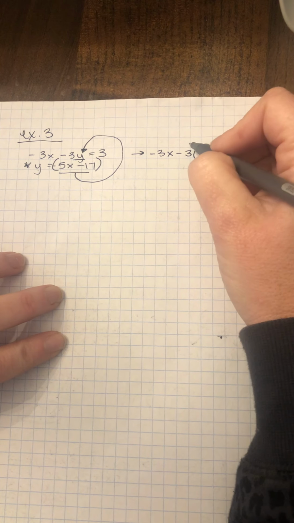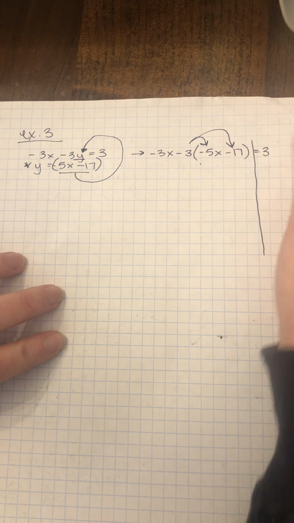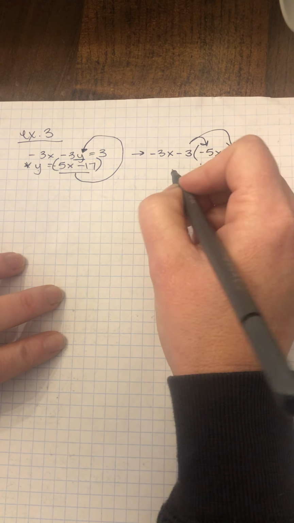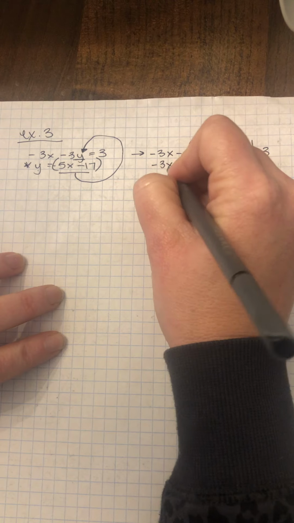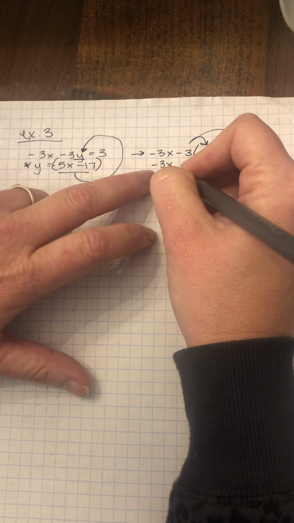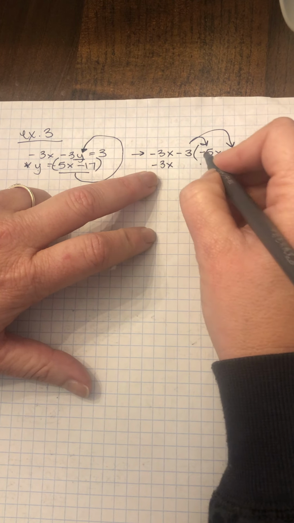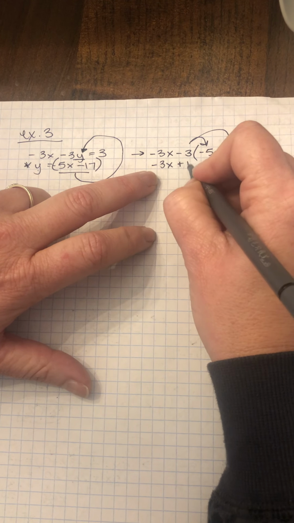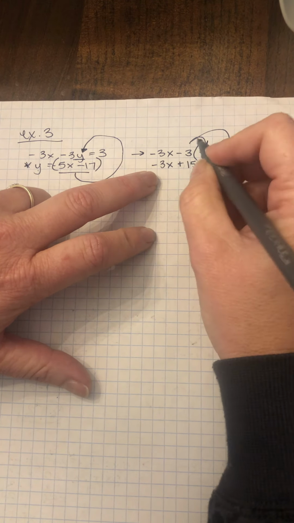I'm going to do my math. I'm going to be careful with my signs. There's a variable, so I have to multiply in order to get rid of the parentheses. The beginning stays the same. Negative 3x is going to stay. But the negative 3 is going to be distributed, and when I do that, I have a negative times the negative, so I get positive 15x.